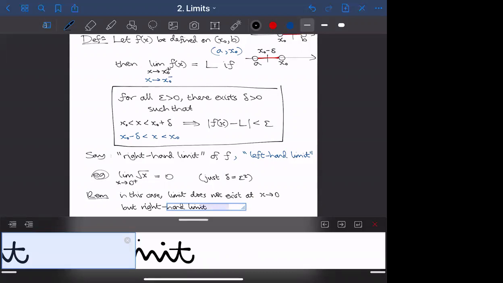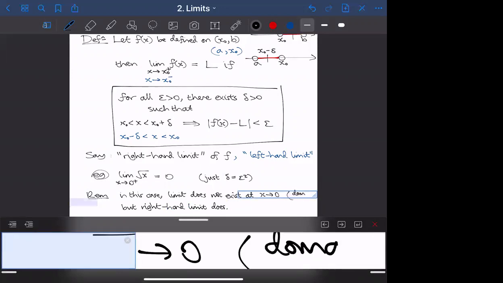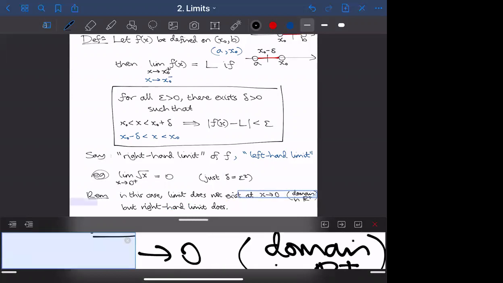And that's just because the domain of the function is the positive real numbers. So domain is R plus.